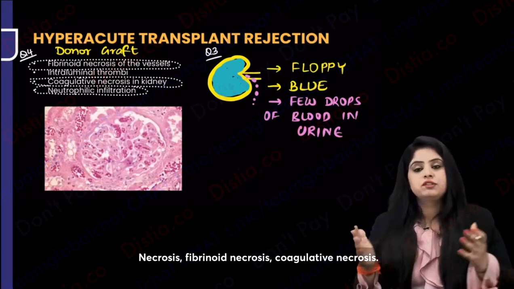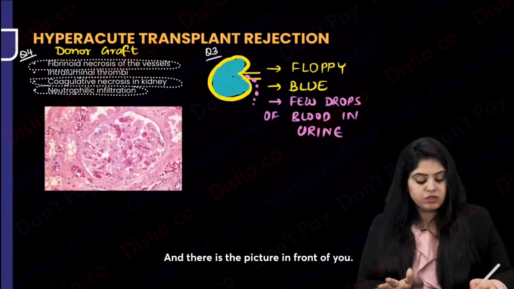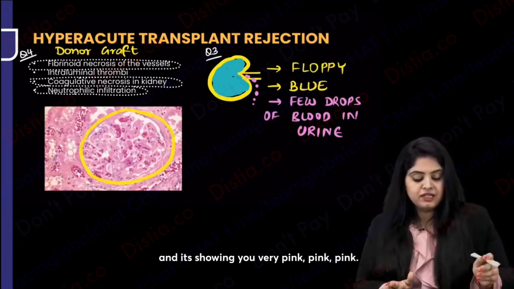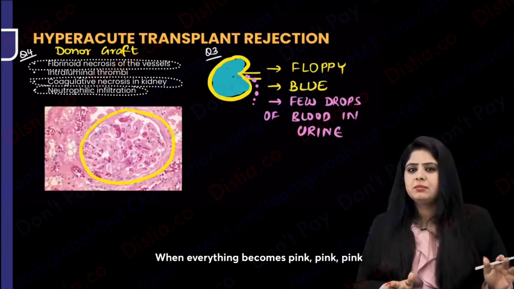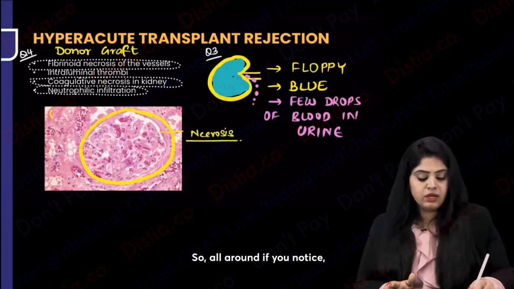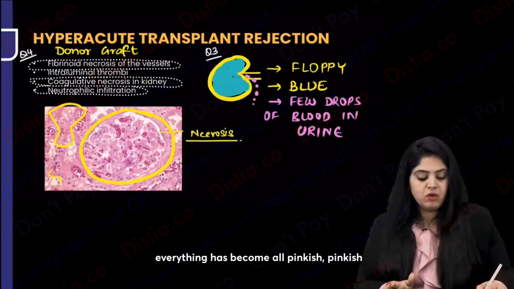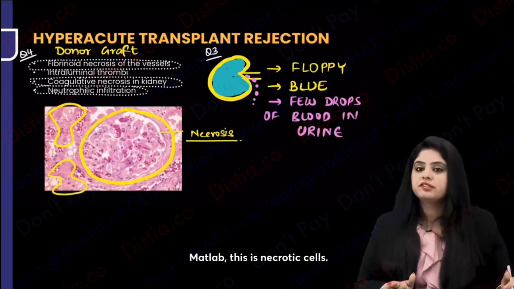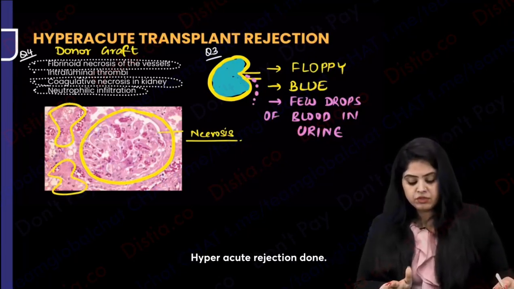Necrosis, fibrinoid necrosis, coagulative necrosis, and there is the picture in front of you. You can very well see that yes, this is a kidney and it's showing you very pink. When everything becomes pink means there is an element of necrosis going on. So all around, if you notice, everything has become pinkish, dead cells, no nucleus, matlab these are necrotic cells. Hyperacute rejection done.